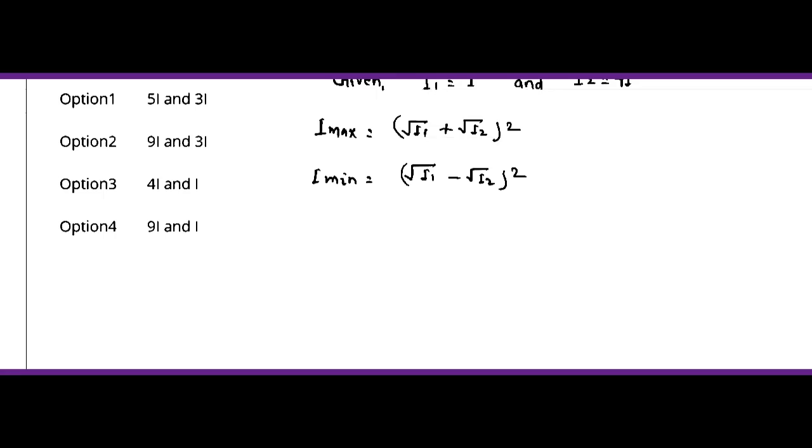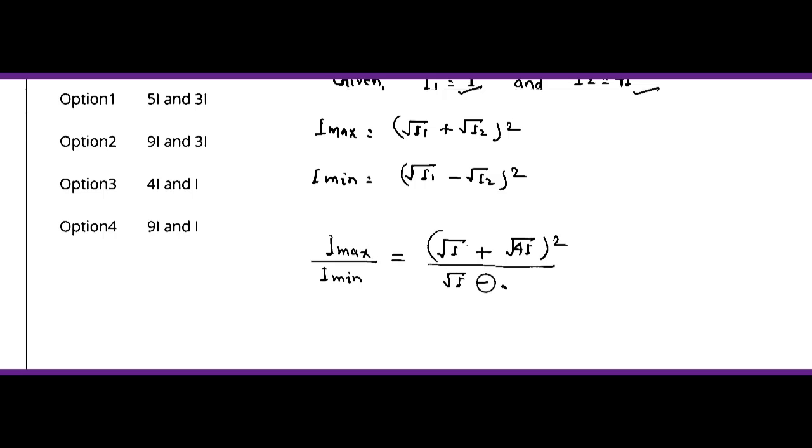Therefore the ratio of I maximum to I minimum is equal to root under I1 equals I, plus for maximum, root under 4I whole square, divided by root under I minus root under 4I whole square.